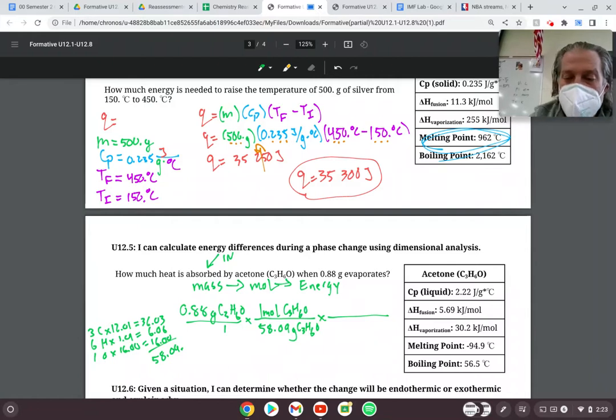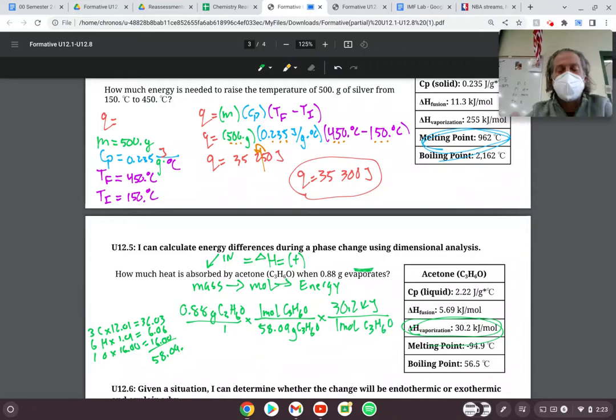In this case, because we are evaporating, that means that we need to use the heat of vaporization. Now, because energy is being absorbed or added in, that means delta H needs to be positive. So I'm going to take the 30.2 kilojoules, and that's in 1 mole of C3H6O.